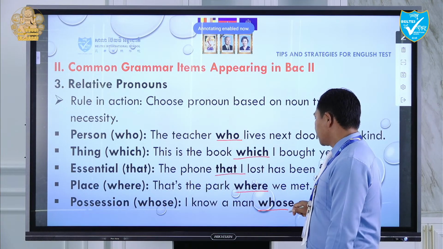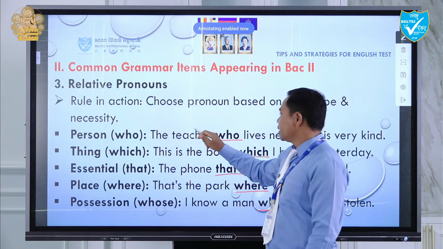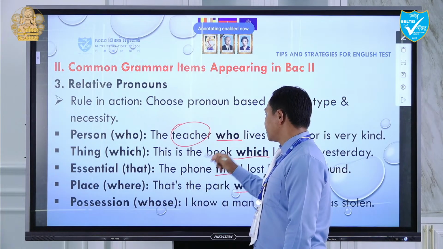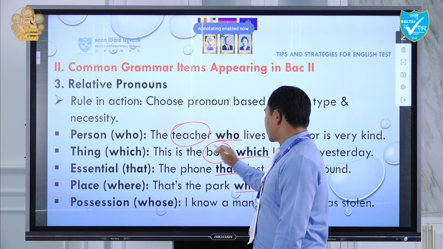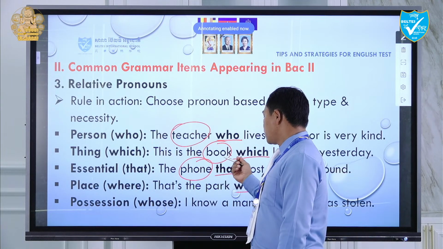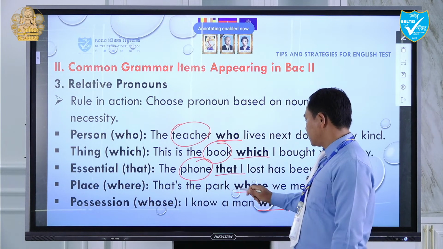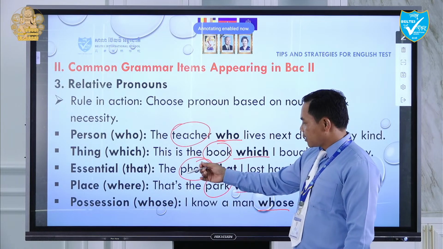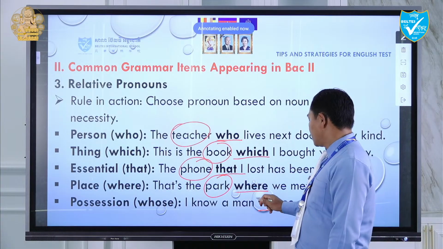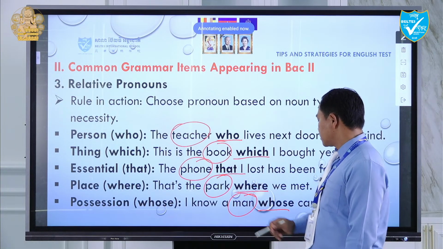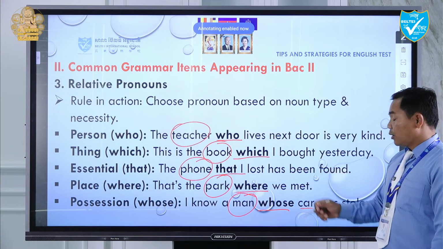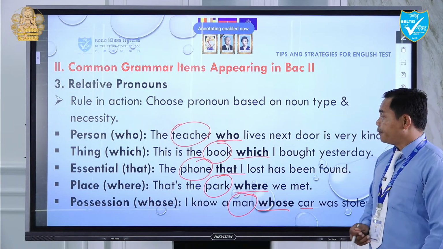Teacher, the noun is a person: who. Book, noun: can be which or that. Phone, noun: can be which or that. Park can refer to place: where. A man is a noun, but here also possession: whose. This is the quick tip.